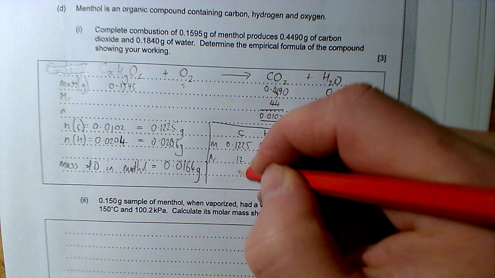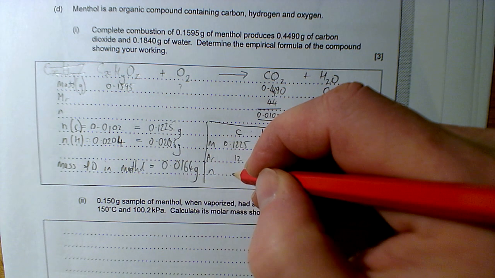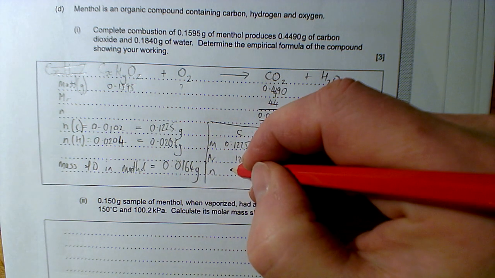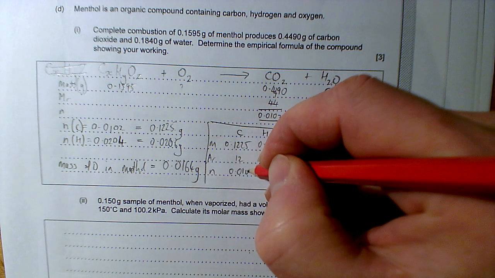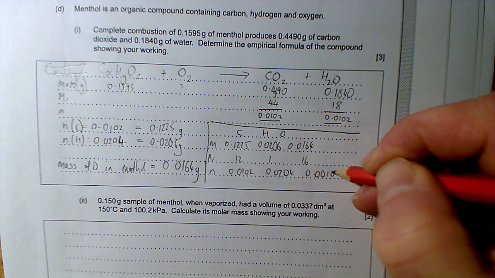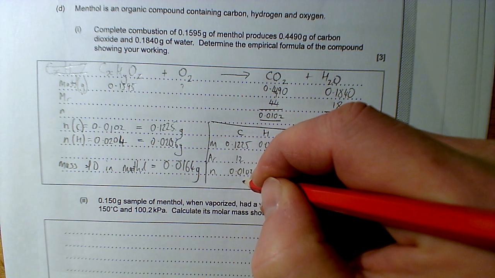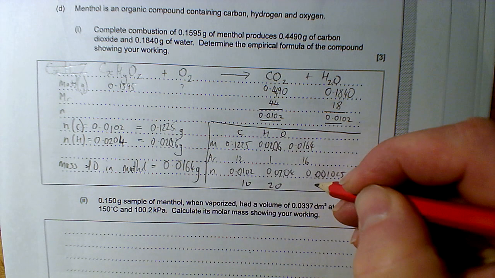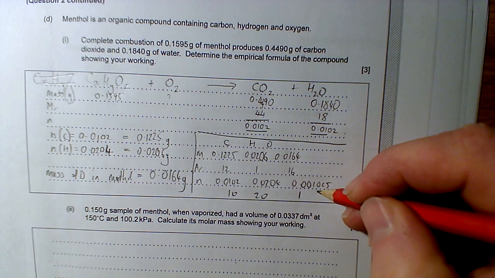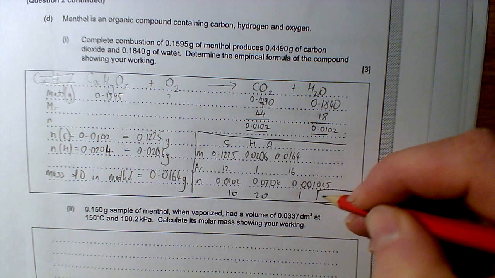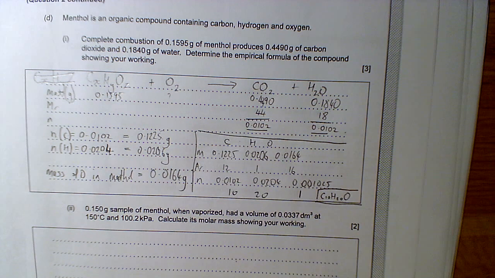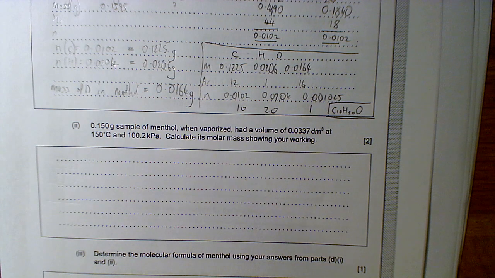And step C is work out the number of moles. I've already done that before, which is 0.0102, 0.0204, 0.01025, and that turns out to be a 10 to 20 to 1 ratio. So the empirical formula, I'm going to squeeze into this tiny box here, which is C10H20O.